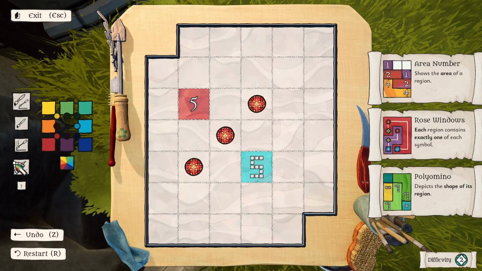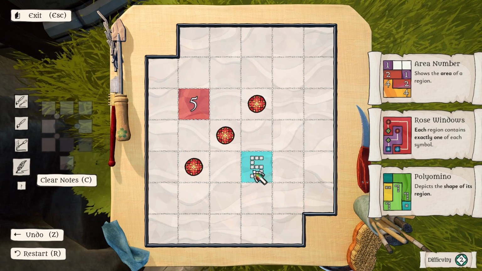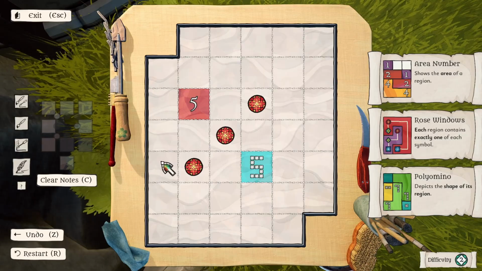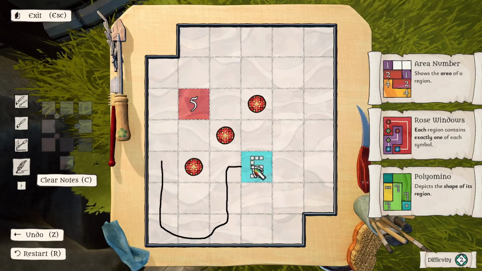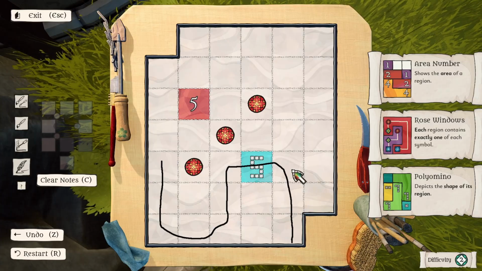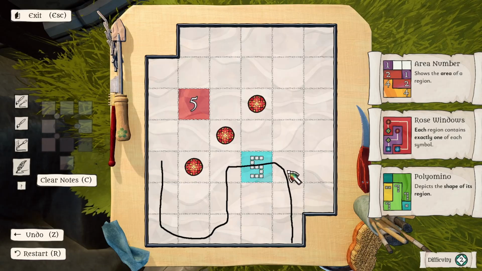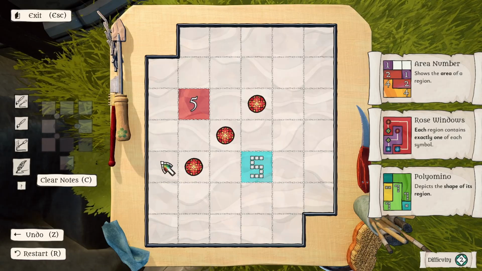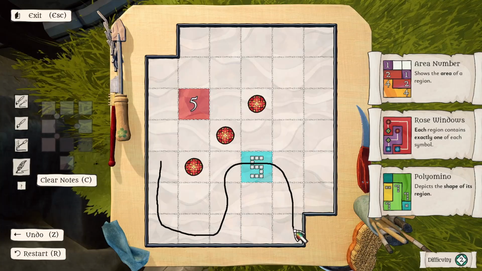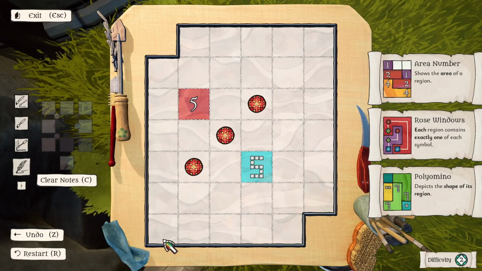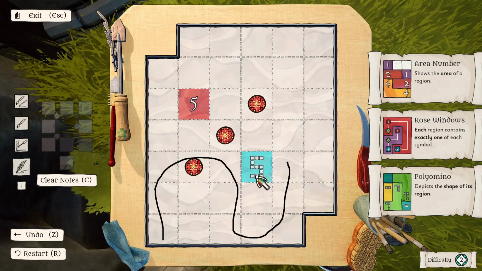Let's see. There are a lot of things this could do. If it did this, it wouldn't be taking any of the roses, so that's no good. If it did that, yeah, that's what I just did. If it did that, it wouldn't be doing this.